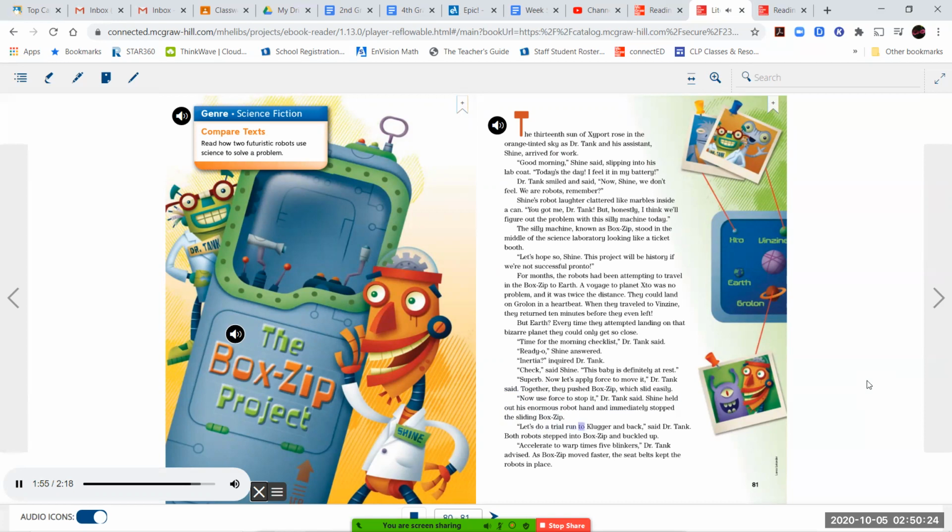"Let's do a trial run to Clugger and back," said Dr. Tank. Both robots stepped into Box Zip and buckled up. "Accelerate to warp ×5 blinkers," Dr. Tank advised. As Box Zip moved faster, the seat belts kept the robots in place. Exto, Vinzine, Earth, Grolon.